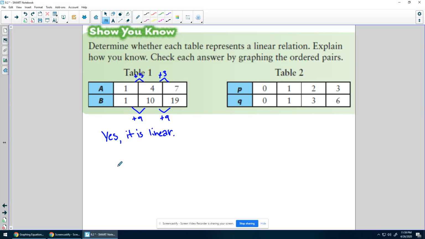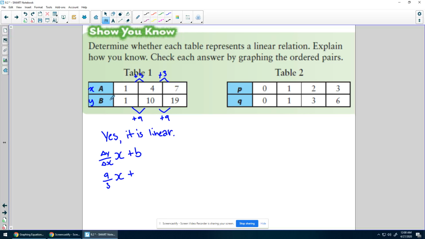And then using this information, if we wanted, we can create our linear relation using the change in y over the change in x times x plus b. So that's going to be the change in y, in this case 9, divided by the change in x, which is 3, times x plus b.